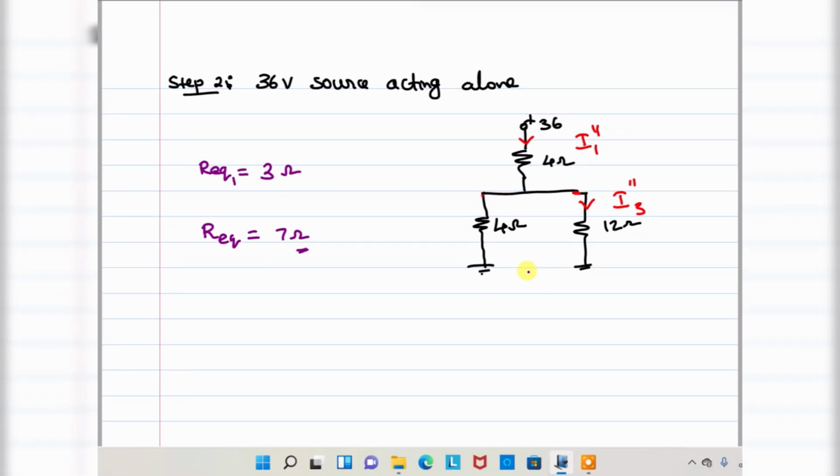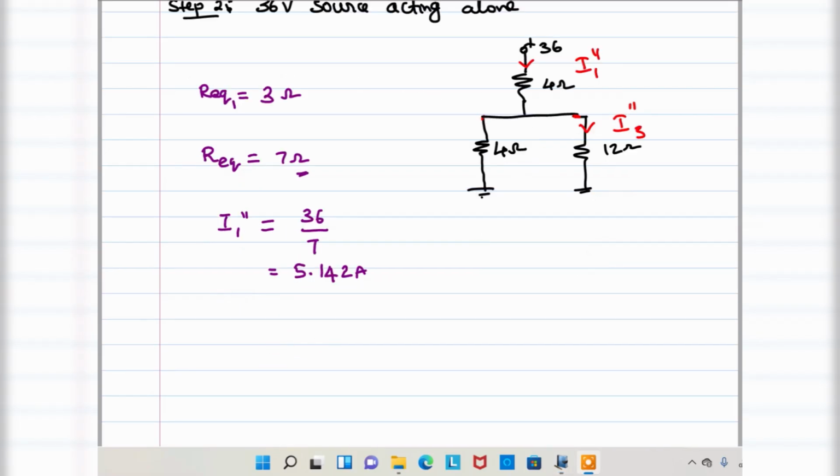Next, current. Here make the difference. I1 double prime is equal to V, that is 36 by 7. That may be equivalent to 5.142 amperes approximately. You want this current, right? So I3 double prime is equal to total current into opposite resistance 4 divided by total resistance.